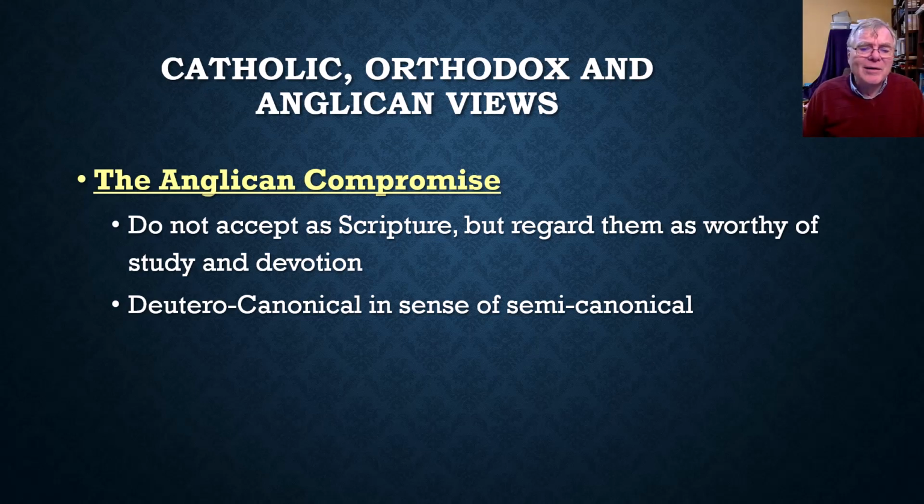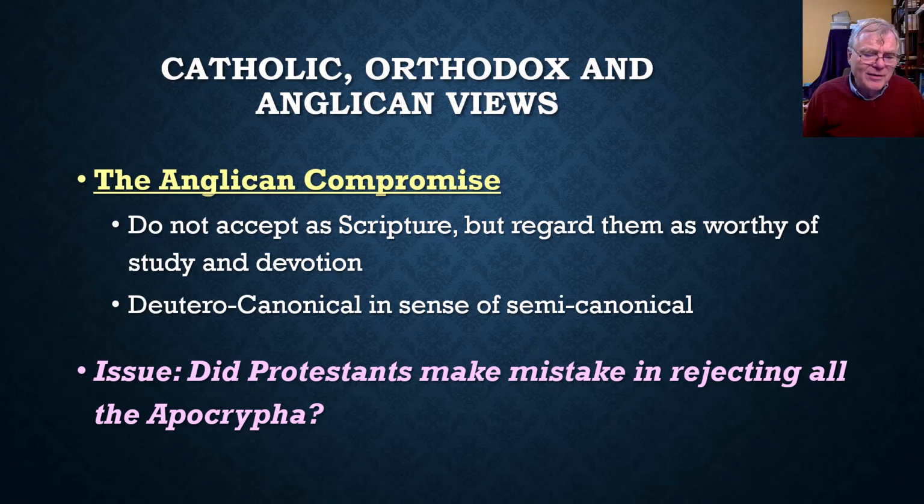And so the bottom line is that for the Anglican tradition, the deuterocanonical books are kind of semi-canonical, not quite canonical, but not quite not canonical too. And so the question then is, did Protestants make a mistake in rejecting these books of the Apocrypha?